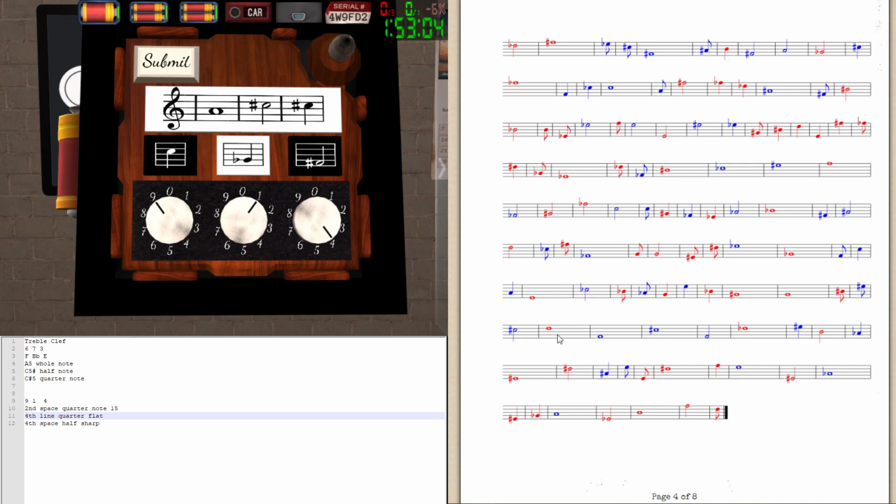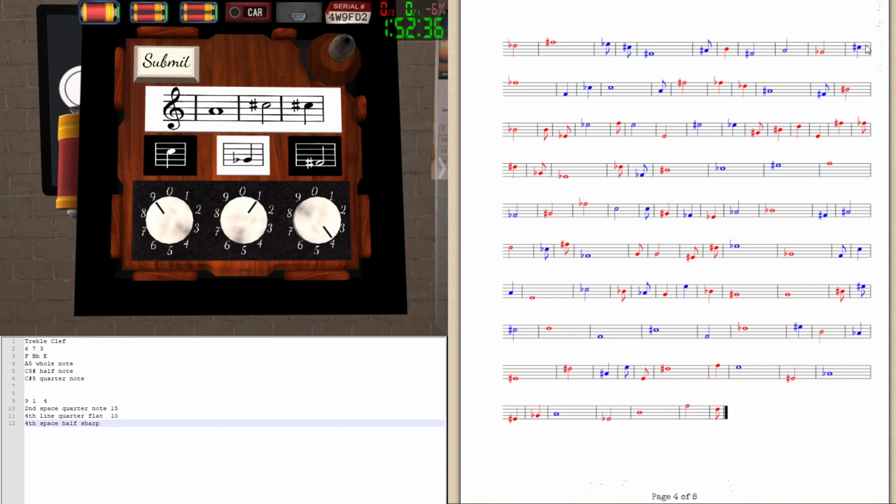Okay, now it's white, so we have to count all the red in between. 1, 2, 3, 4, 5, 6, 7, 8, 9, 10. And then, this time it's a quarter note. Jeez, finding this thing.